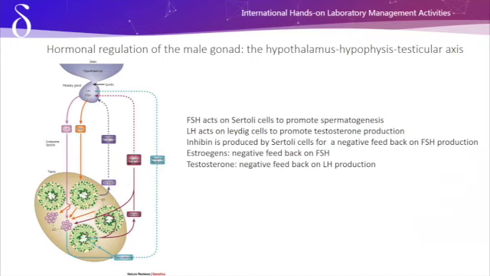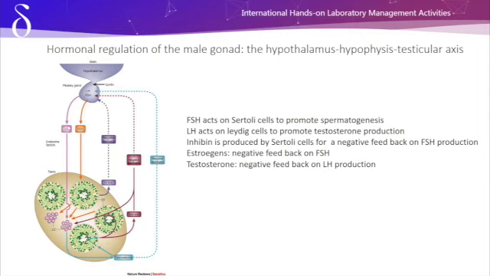So how is testicular function regulated from a hormonal point of view? This slide shows the schematic representation of the hypothalamus-hypophysis-testicular axis. The regulation starts in the hypothalamus, which produces gonadotropin releasing hormone, GnRH, which stimulates the anterior hypophysis, the pituitary gland, to produce the two gonadotropins, LH and FSH.